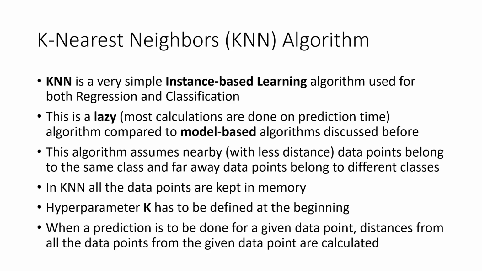If you are using it for classification, the assumption is that nearby data points belong to the same class, and far away data points would belong to different classes, right? So that is the main assumption of k nearest neighbors and the clustering algorithms that we are going to learn in future slides, right?